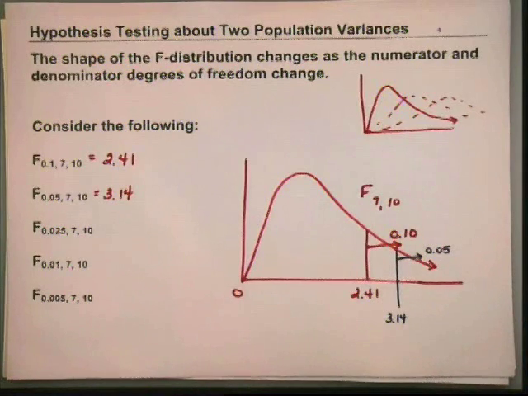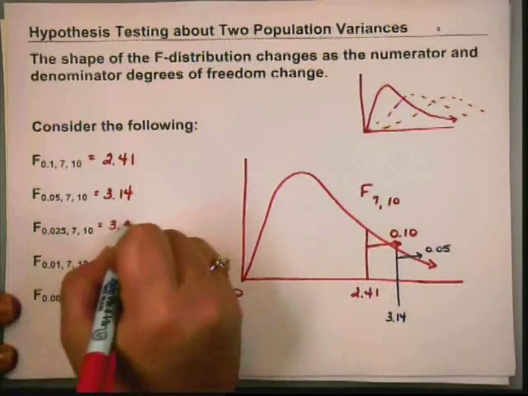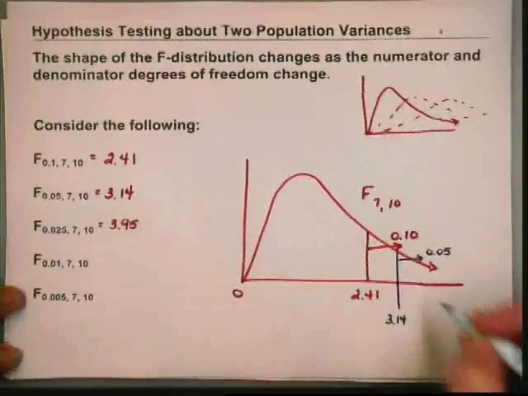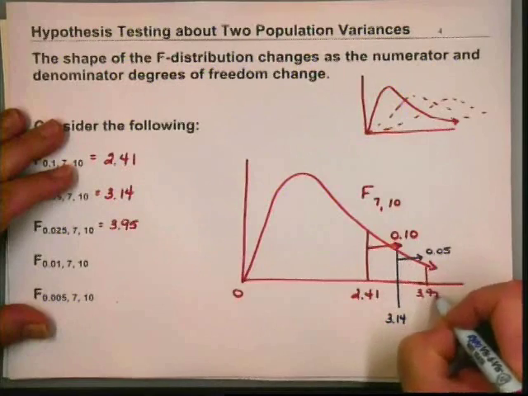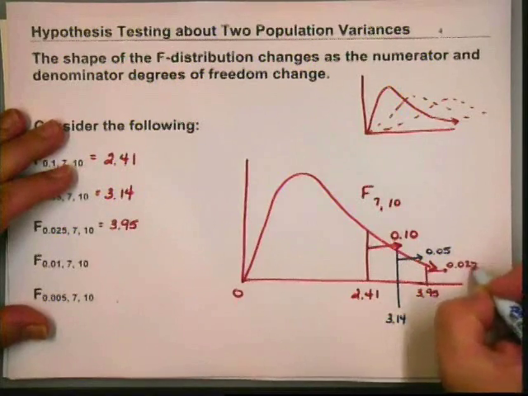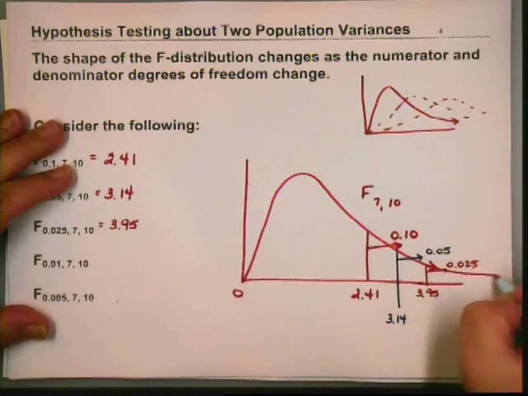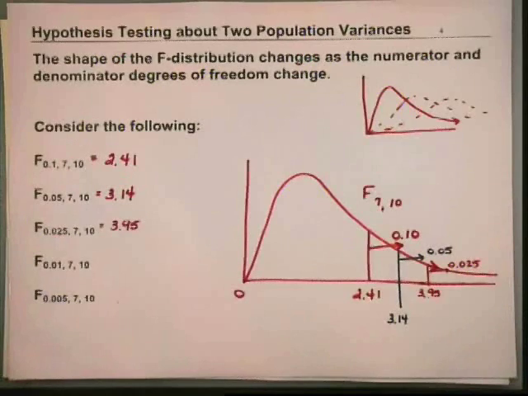Go to the 0.025 page, column 7, the row headed by 10. That critical value is 3.95. And the area to the right of that, 0.025. The 0.01 page, column 7, row 10.